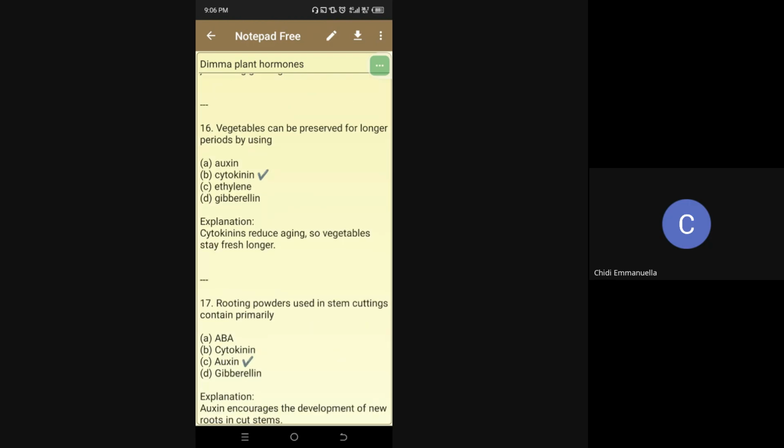16. Amara, when you say synthetic, does it mean natural or unnatural? Oh, ghost mode. Amara, are you still there?